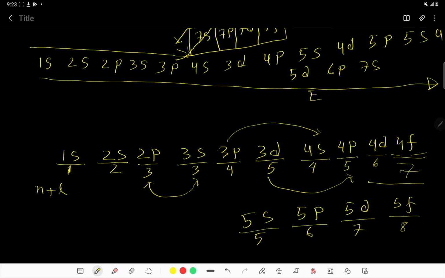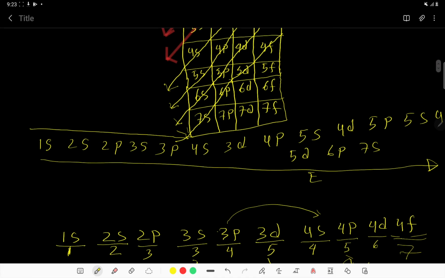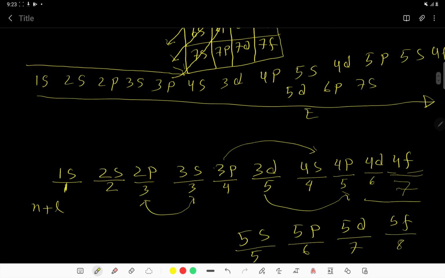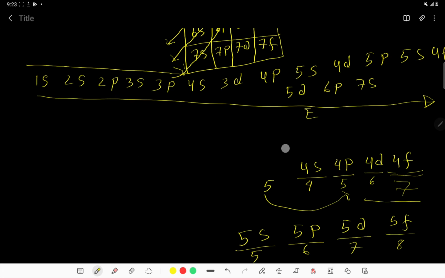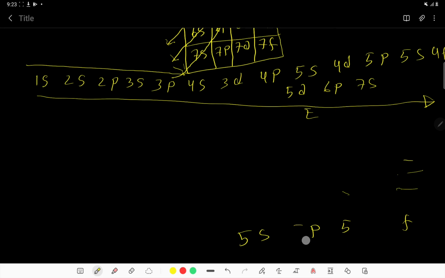So thus you can remember the electron configuration order, or ground state electron configuration order. I am going to help you memorize this sequence in another way, right? This is, I think, the best way you can memorize this.